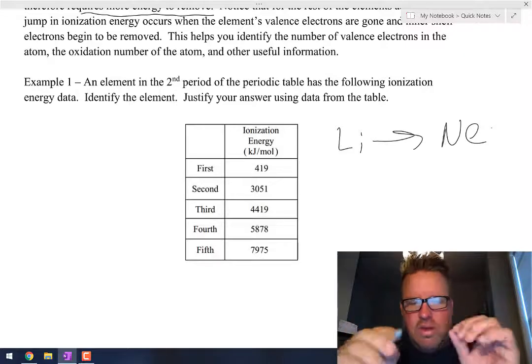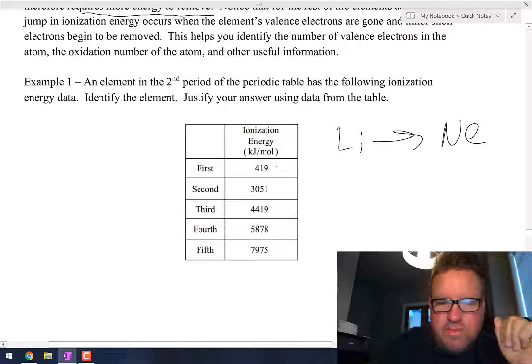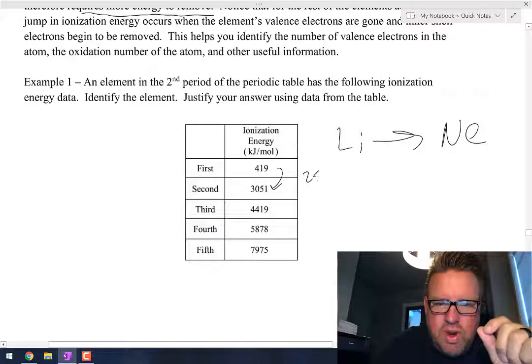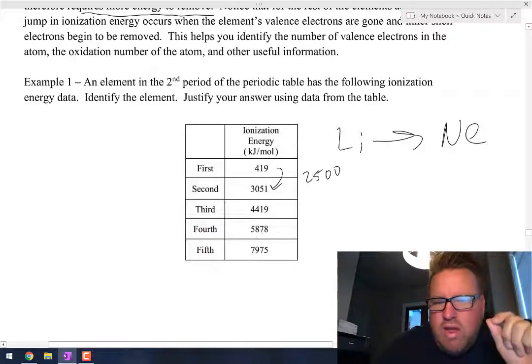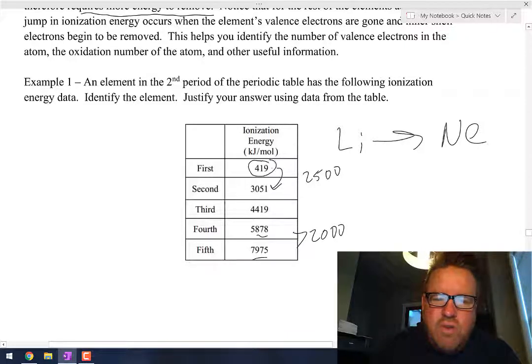And again, what you're looking for here is, for example, from 419 to 3000. That's a jump of almost 2,500. Well, you might say, but 5878 to 7975 is also about 2,000. But compare that. You started at 400 and you went to 3,000. That's an increase of like 7 times.